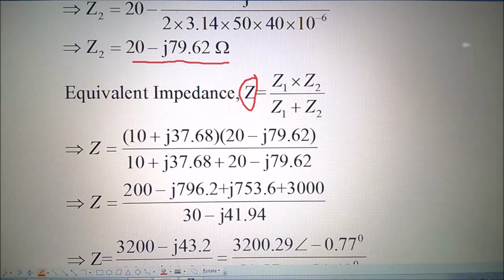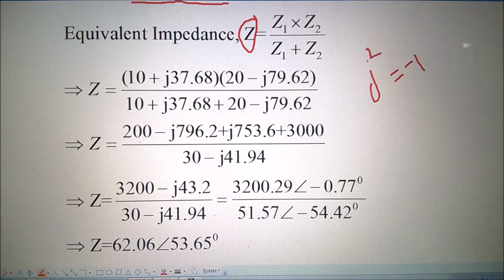Therefore you can see a real part 200 and this is 796.2, and the only thing is that wherever j square will be there, that will be replaced by -1. That is the only thing. And then we got it after the calculation.